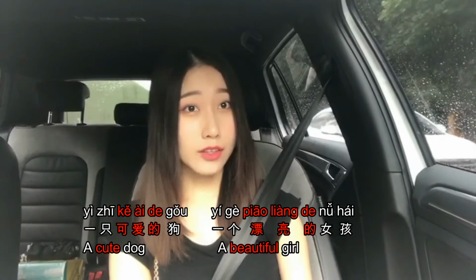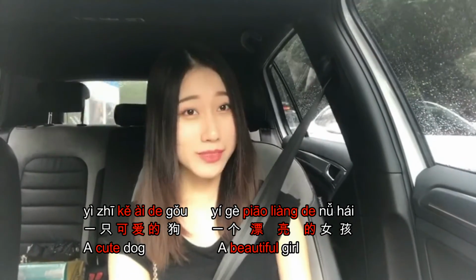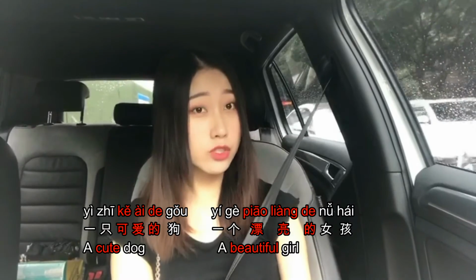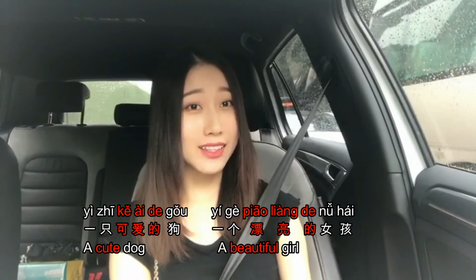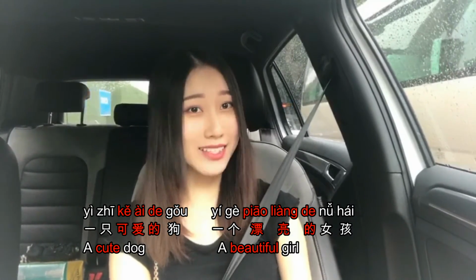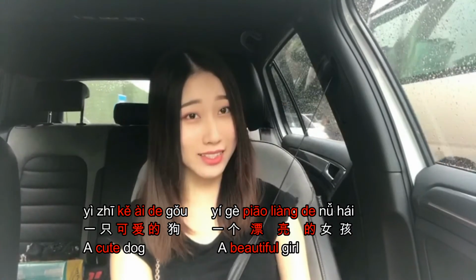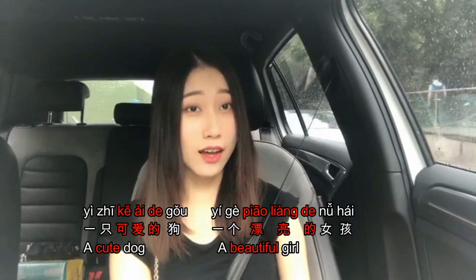Alright, so for example, a cute dog. 一只可爱的狗. Cute dog, 可爱的狗. 可爱的 is the adjective. 狗 is the noun.